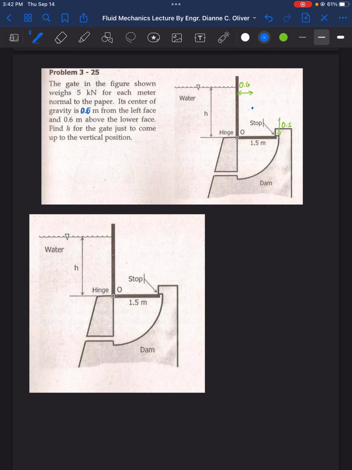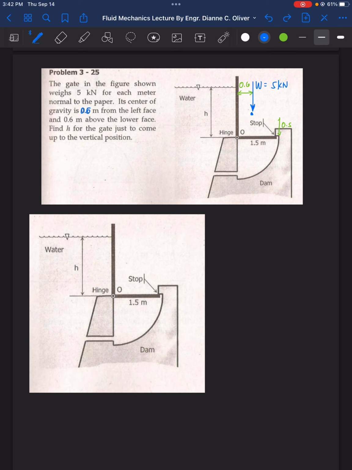So here is our weight. So this is W equals 5 kilonewton. And what we're looking for here is the height of the water H on this side. So H here is unknown.